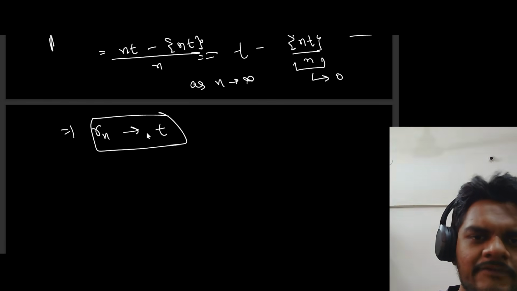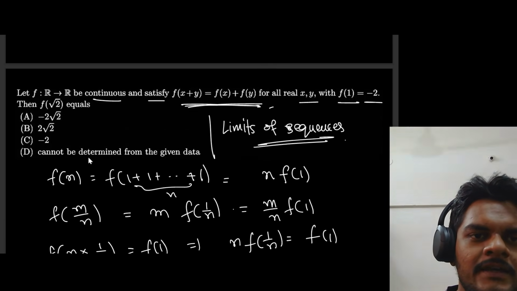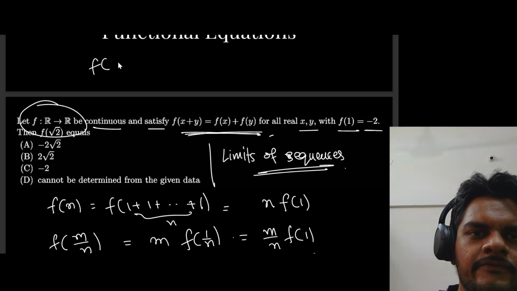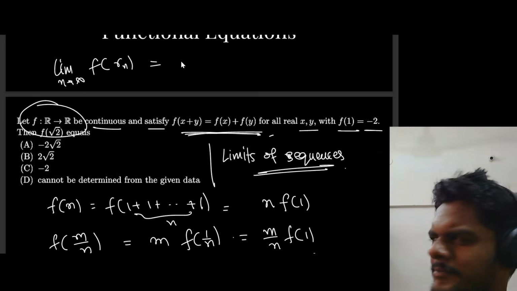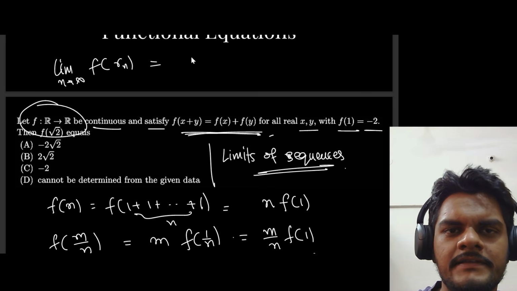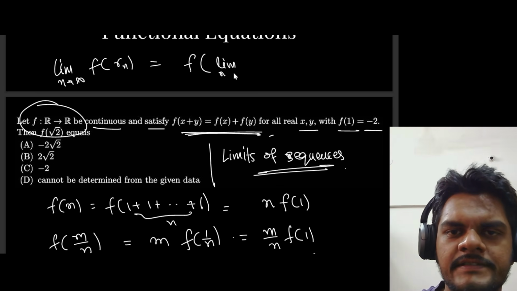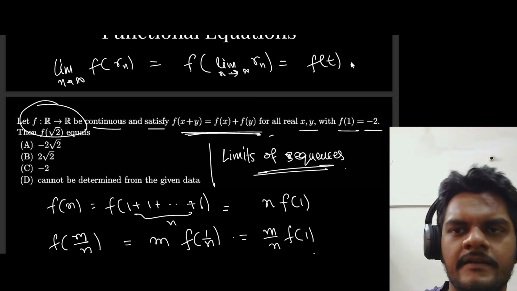Now what does this imply? It is given that f is continuous. One of the properties of a continuous function is that the limit of f of Rn as n tends to infinity is equal to f of the limit, so the limit can go inside. This is a bit related to calculus, but I hope you don't mind that. So that is equal to f of t, all right?